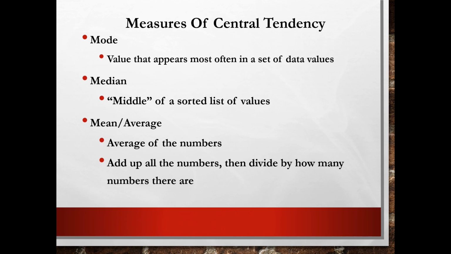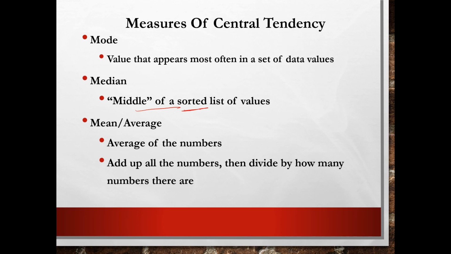So the mode is the most frequent value of a data set. For example, if I ask what is the most frequent shoe size in the class, I have to collect the shoe sizes of the students in the class and see which shoe size corresponds to many of the students. The median is the middle point of a sorted list of data.